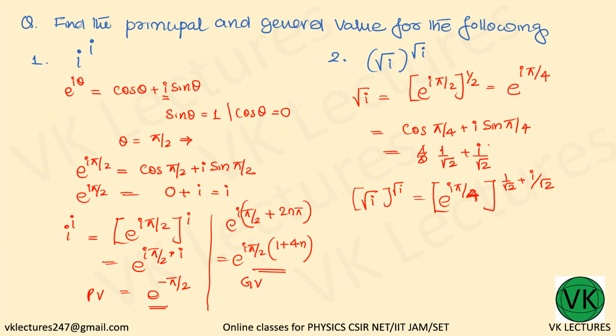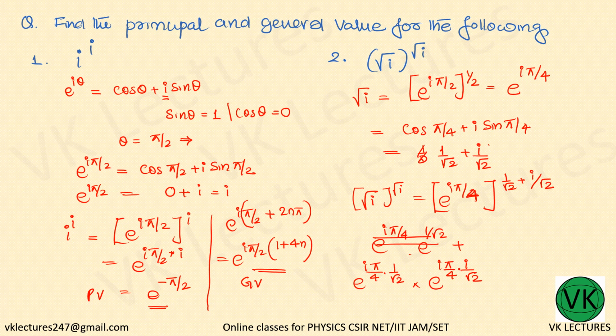This is similar to writing e to the power i pi by 4 into e to the power 1 by root 2 plus... sorry, that's not like that. e to the power i pi by 4 into 1 by root 2 into e to the power i pi by 4 into i by root 2.